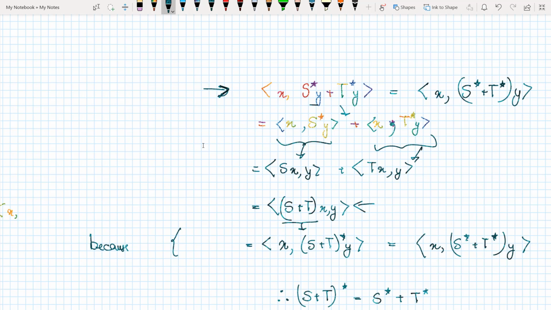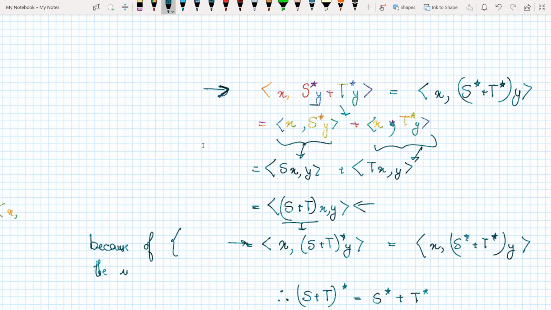I can consider S plus T together as one operator and write it as (S+T) star, and multiply it out again and I get this. So eventually I proved that (S+T) star is equal to S star plus T star.